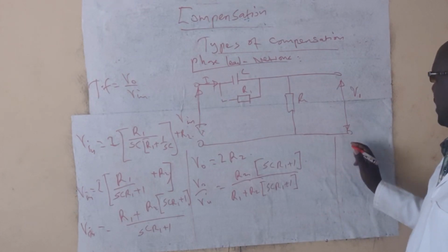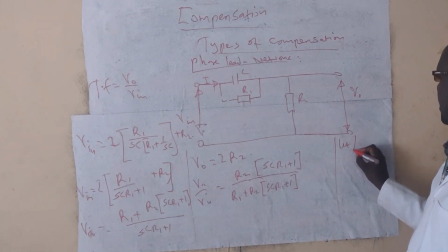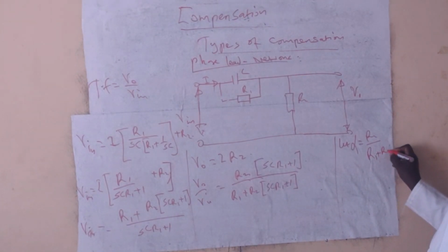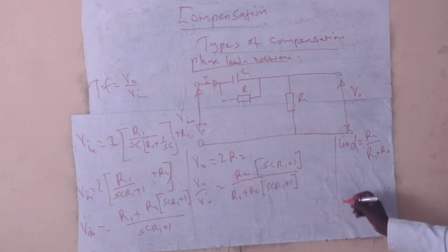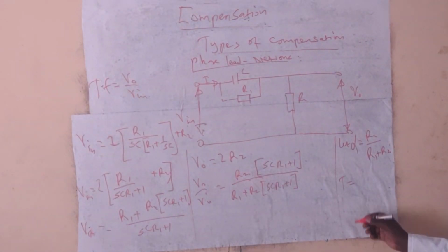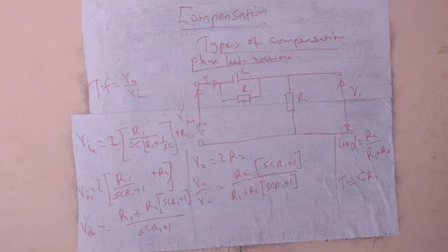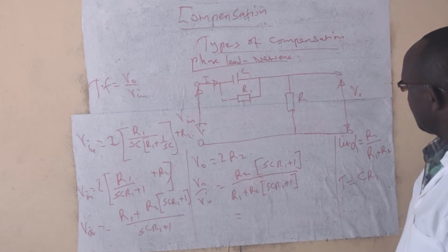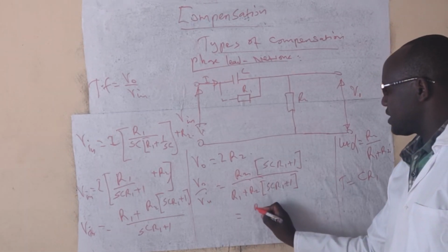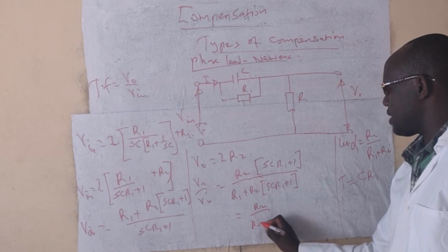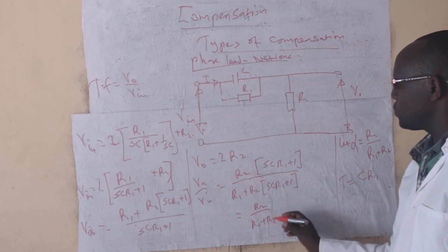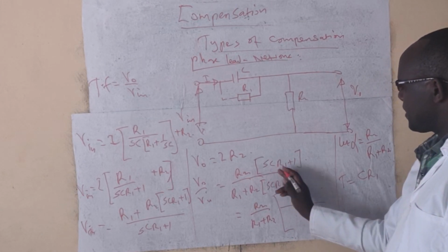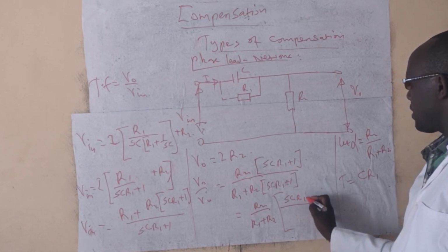We're going to let alpha be equal to R2 all over R1 plus R2, and the time constant T is equal to CR1. So we need to modify this equation. Then we are going to get R2 all over R1 plus R2 into SCR1 plus 1.